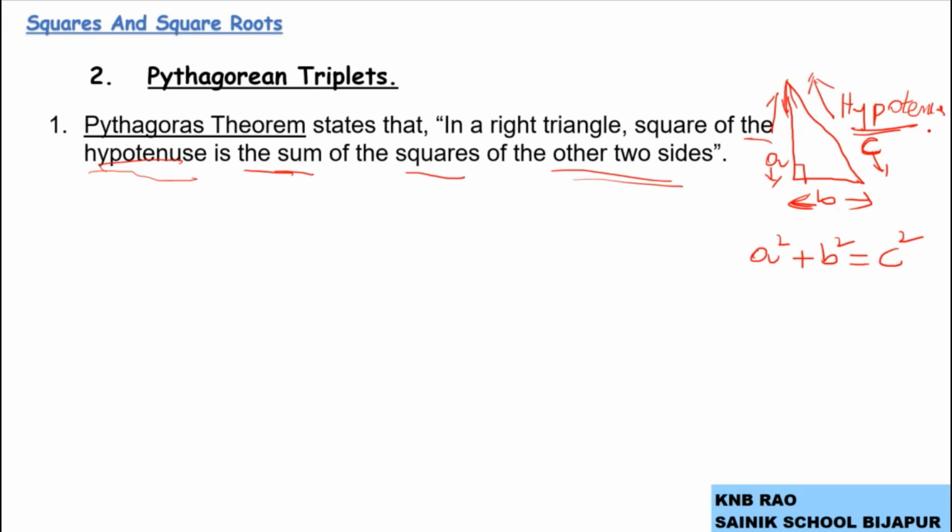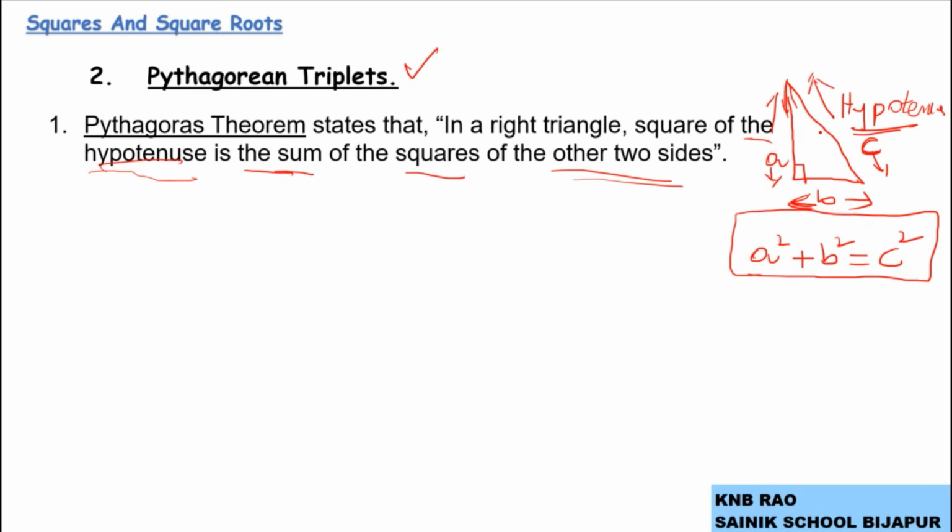Now, the numbers which satisfy this Pythagoras theorem, that means the possible lengths of a right angled triangle, will be called as Pythagorean triplets. So what are Pythagorean triplets? Pythagorean triplets are those numbers which satisfy the Pythagoras theorem, or you can say Pythagorean triplets are those natural numbers which satisfy A square plus B square equals to C square, where A, B, C are natural numbers.